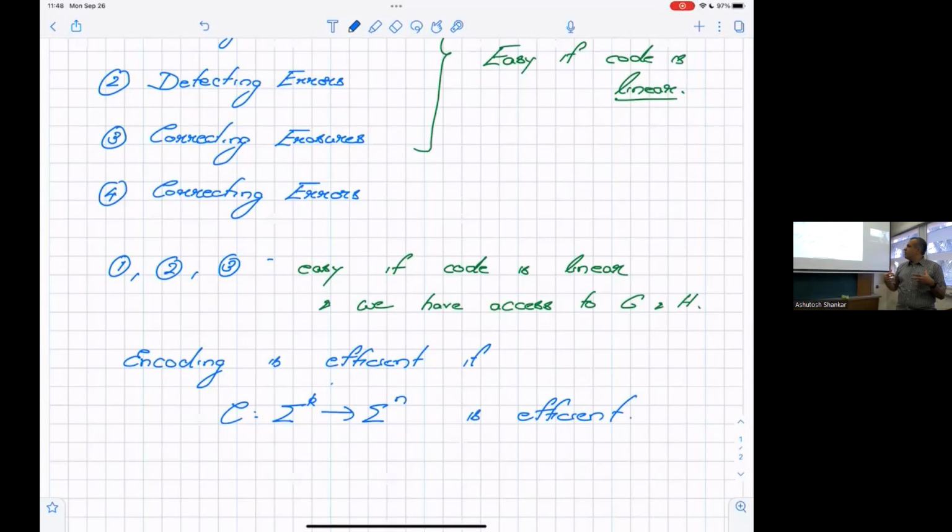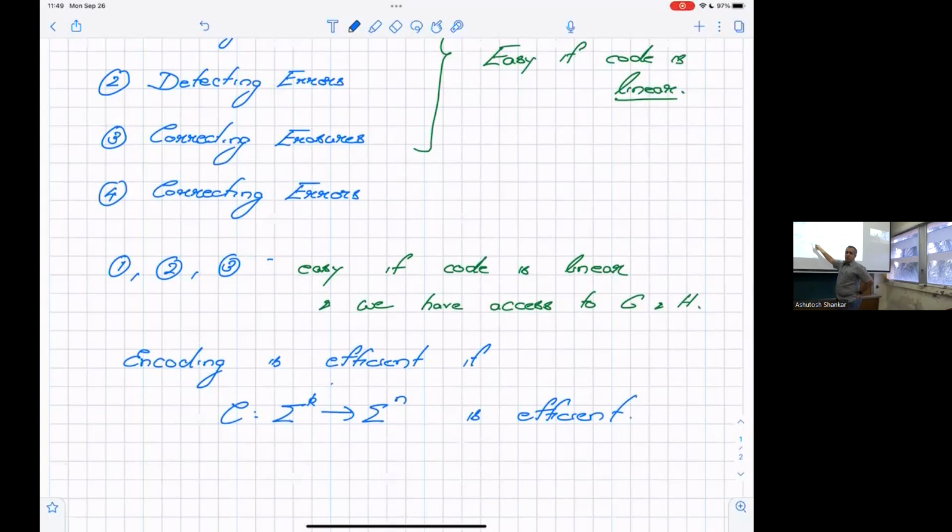And in general, we will only talk about item 4. Item 4, I'm going to say, given a code and a received word, I want to be able to correct the errors. Now the question is, what does it even mean to say given a code? For a linear code, you can say, I give you the generator matrix of the code. For an arbitrary code, we will say, I give you this algorithm, and the received word.